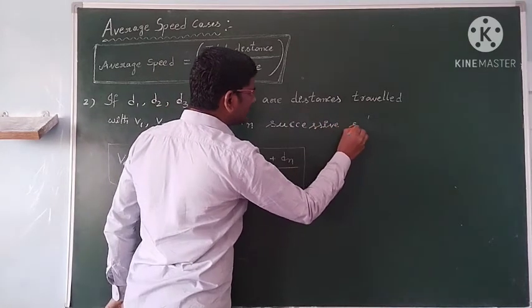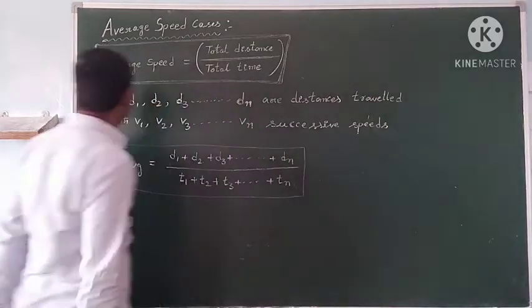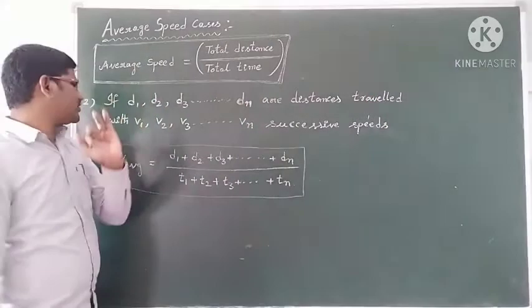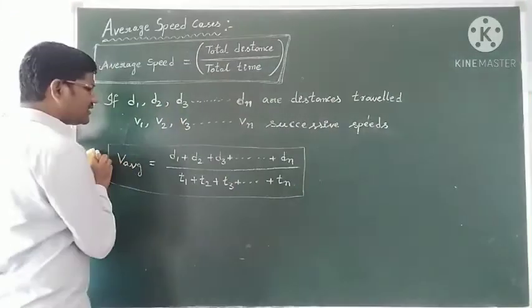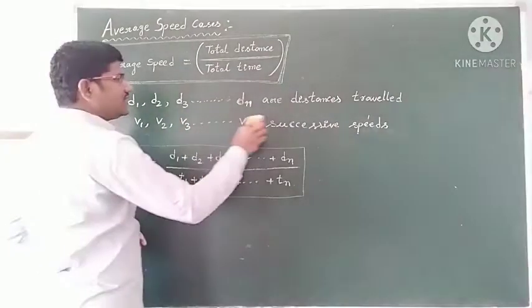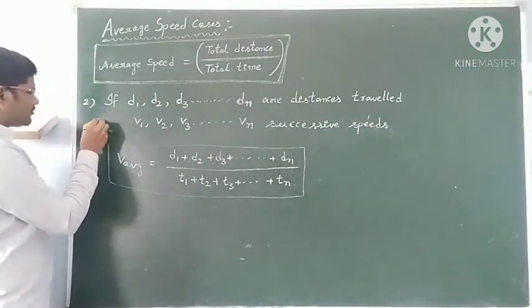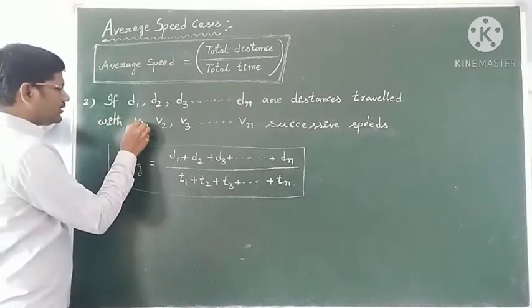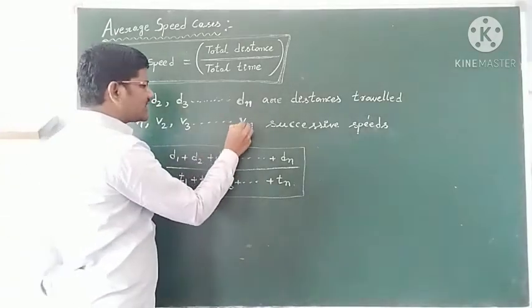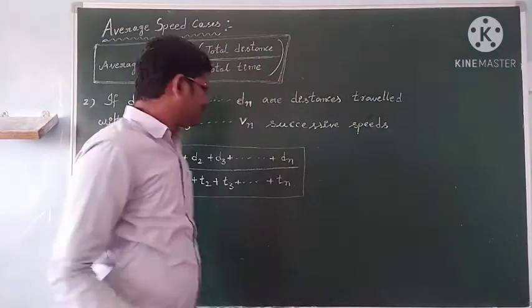So different distances are travelled with successive speeds, v1, v2, v3 and so on vn.